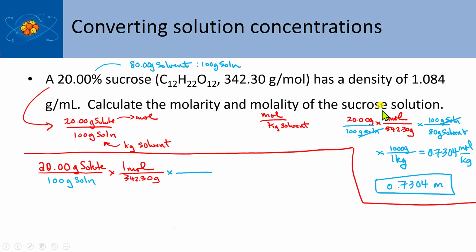And that's where the density is important, because that's going to allow me to go into units of volume. Because remember, molarity is moles per liter. So I'm going to have 1.084 grams on the top for every 1 milliliter of solution. And then I need to convert milliliters over to liters, or you can do the very convenient thing and say 1 times 10 to the minus third liters.